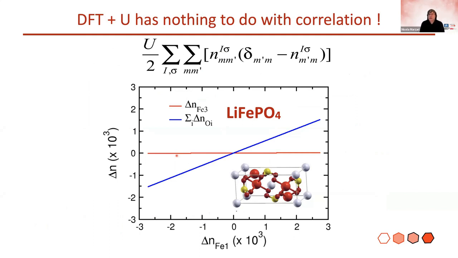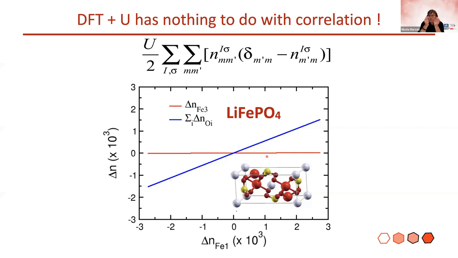Say this is a mixed valence olivine. In this unit cell, we have 2 iron atoms. And what we are looking at is we are changing the occupation, the charge density of one iron atom, and we are looking at what happens on the second iron atom in red. Nothing is happening. There is no Hubbard model physics here.